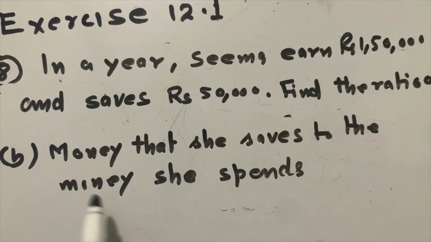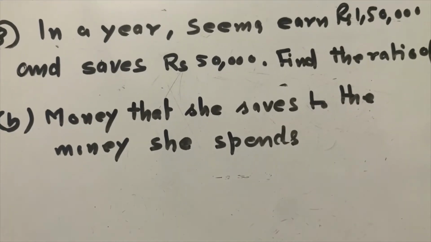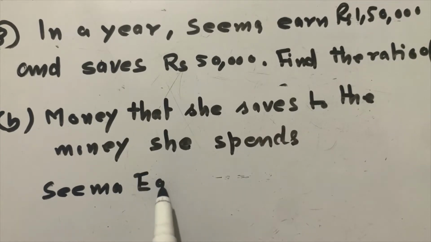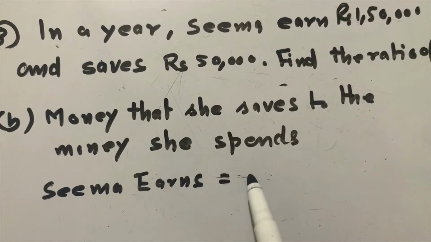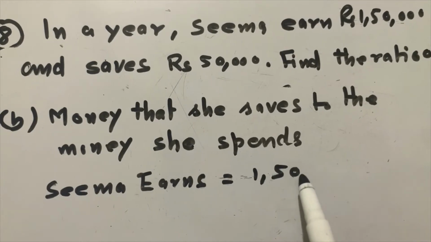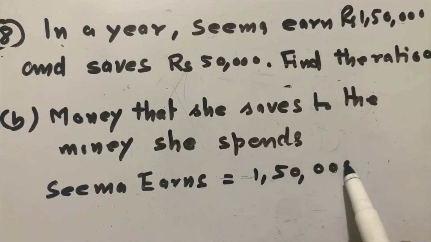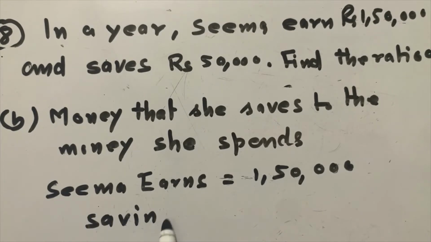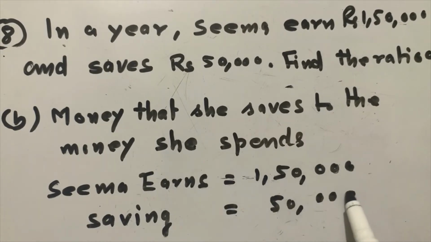Now we will solve. Seema earns 1,50,000. Seema's saving is given as 50,000.